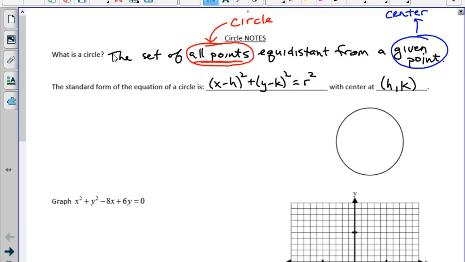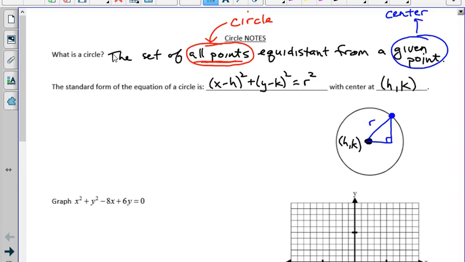So given the center of the circle, which we will call (h, k), if we want to find where some point on the circle is, what we would do is we would realize that this is r.